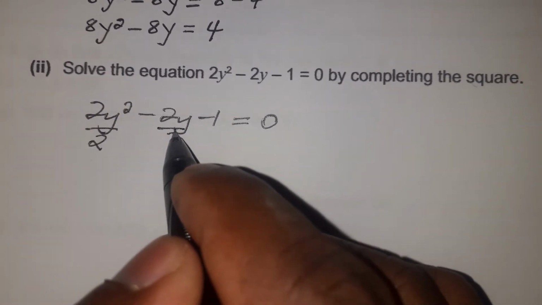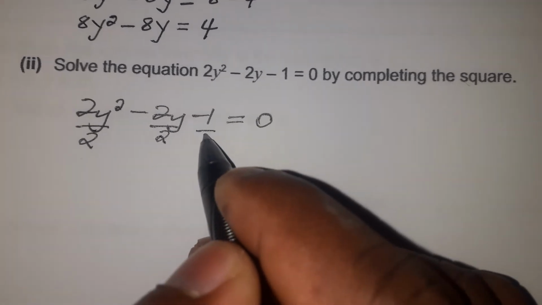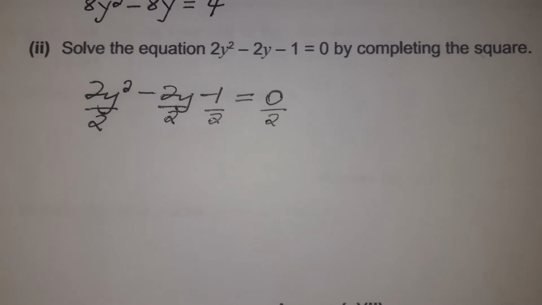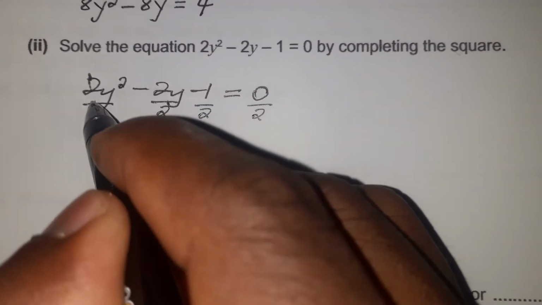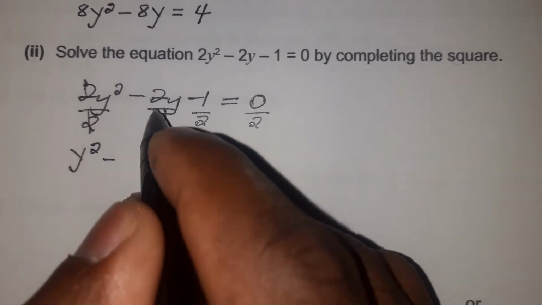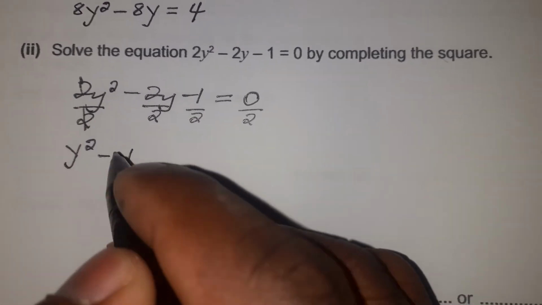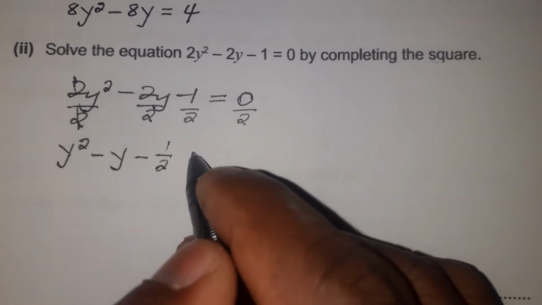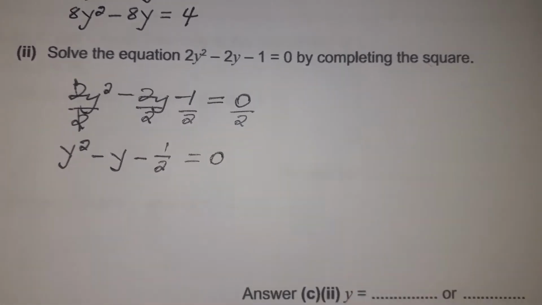The same here by 2, the same here by 2. You can also divide the 0 by 2. Then the 2 and that 2 will cancel. Then we only have y squared minus 2 by 2, only y, and then minus half there equals 0 by 2, which is 0.